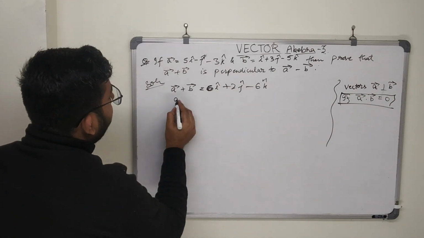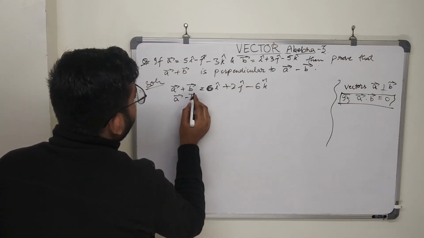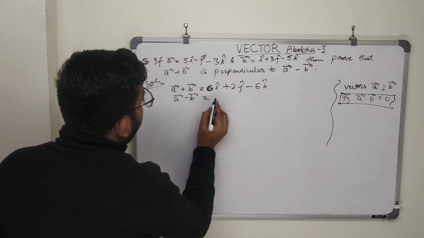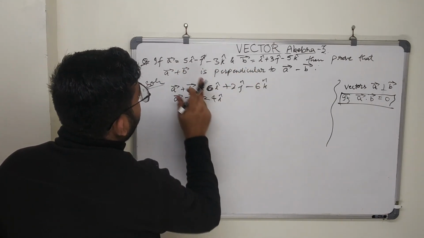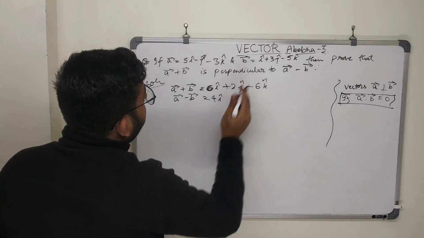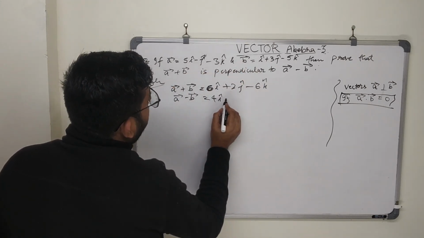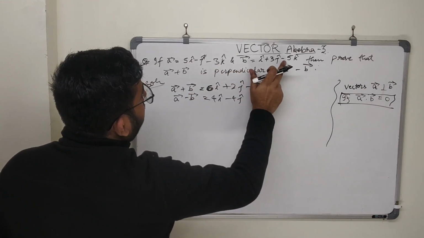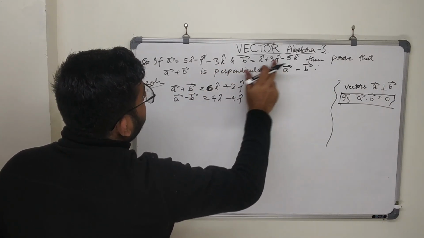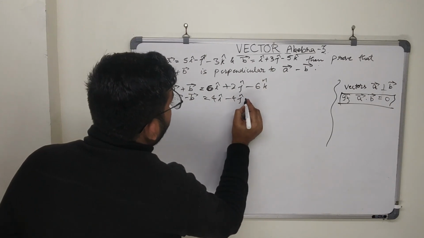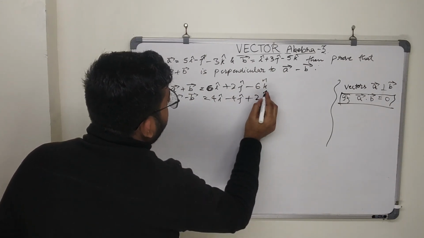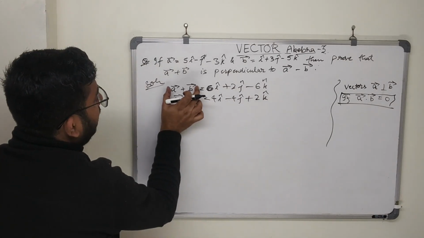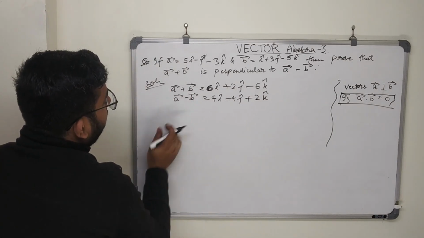Now calculating a vector minus b vector: 5 minus 1, that is 4 i cap, minus 1 minus 3, that is minus 4 j cap, minus 3 minus 5, that is plus 2 k cap. So now calculating the dot product of a vector plus b vector with a vector minus b vector.